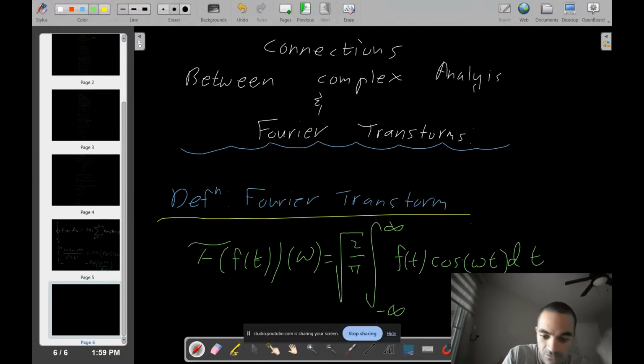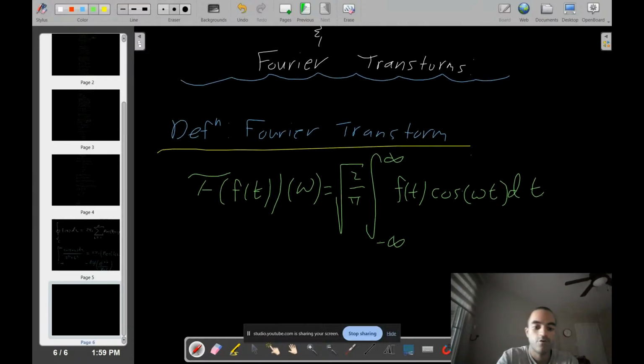This is a Fourier cosine transform, in terms of cosine.